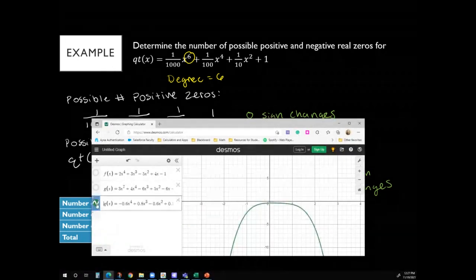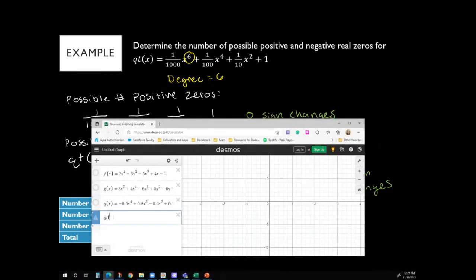And if we graph this, 1 over 1,000 x to the 6th, whoops. I don't think it likes me having more than one letter there. I'll just call this one T. 1 over 100 x to the 4th plus 1 over 10 x squared plus 1.